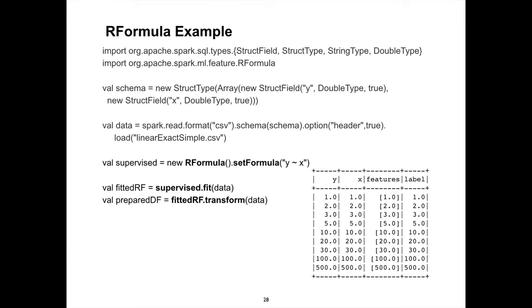Before we transform it, it doesn't know what the columns are or what the data types are, it has to figure out how to deal with it, and we transform it. And by default, it creates a column called features and another one called label. And again, that's a default you can change if you want.